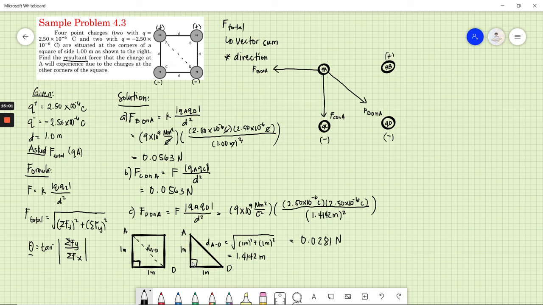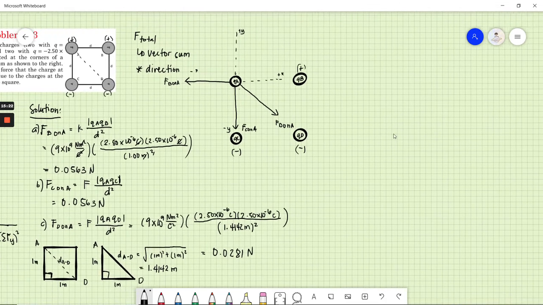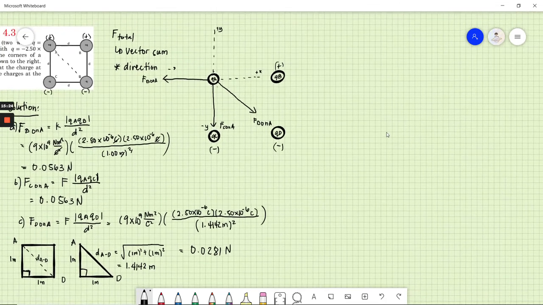Let's remove this. It's kind of like we draw a coordinate plane again. So we know that this is the positive y, this is the positive x, this is your negative x, and this is your negative y. What we're going to do now is find the resultant force. How are we going to find the resultant force?